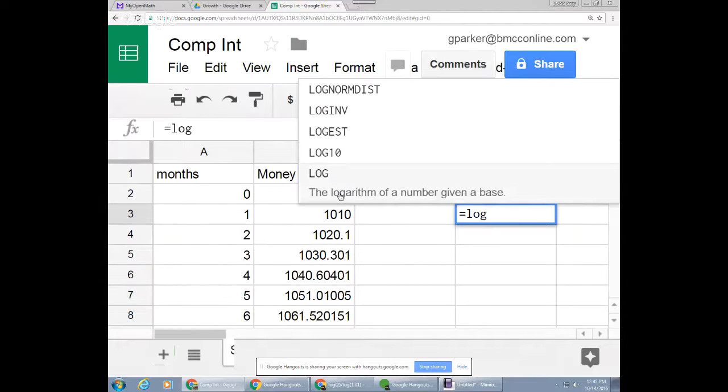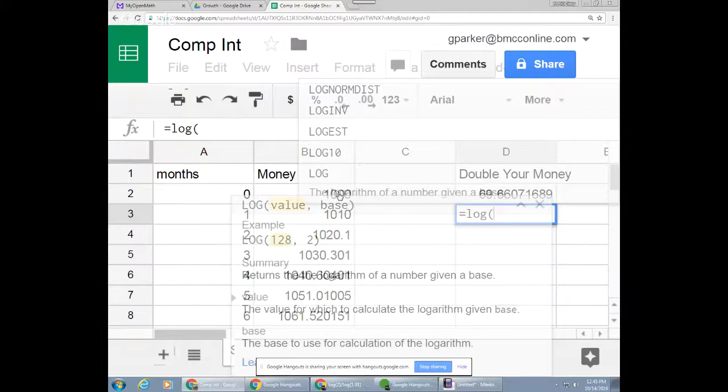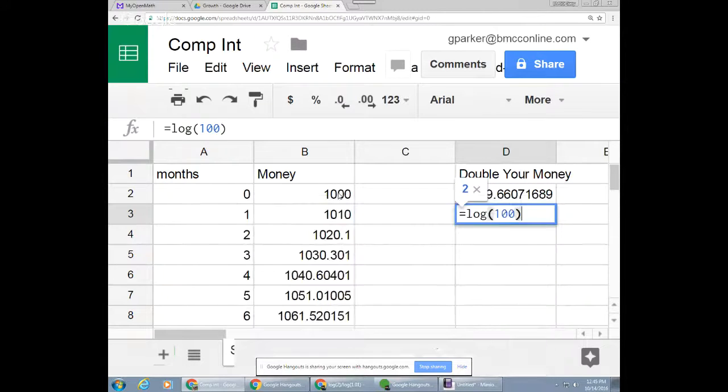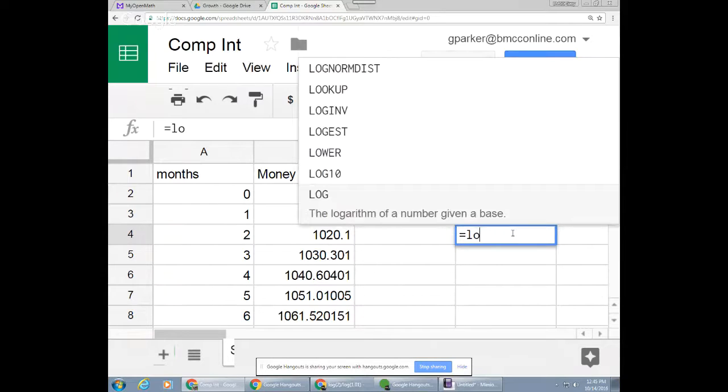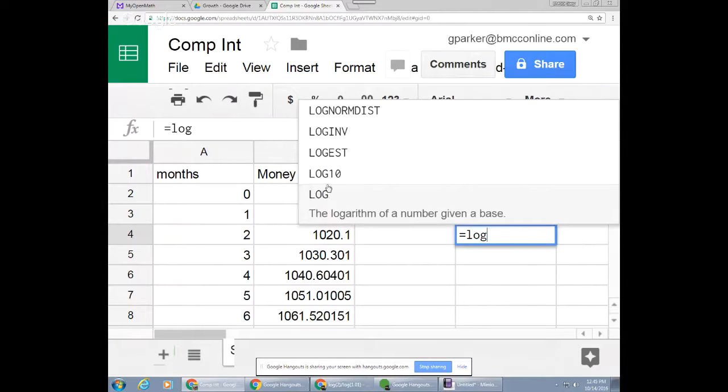Okay, so for example, if that was base 10 and I typed log of 100, it should give me the answer 2. Oh, okay, it's the same thing. Interesting. So Google Sheets apparently has 2 different formulas that do the same thing, log and log 10.